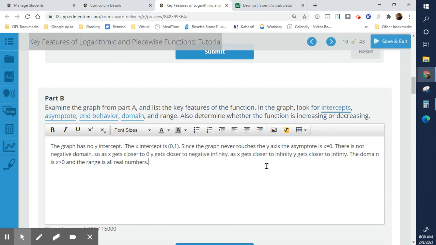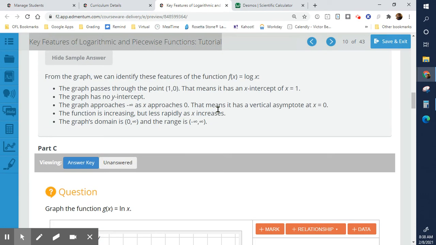So they show you here in what's known as interval notation, meaning that it starts at 0 and goes to infinity for the domain. For the range, it's negative infinity all the way to positive infinity.